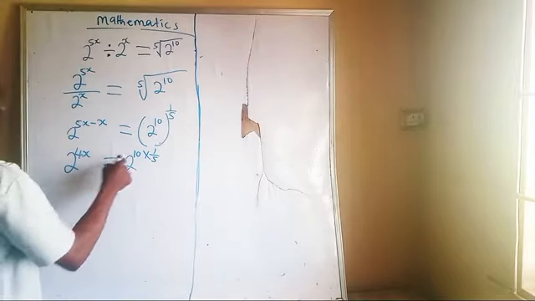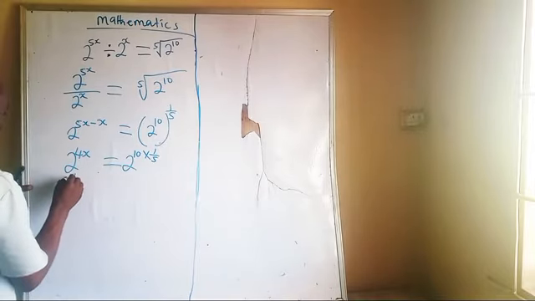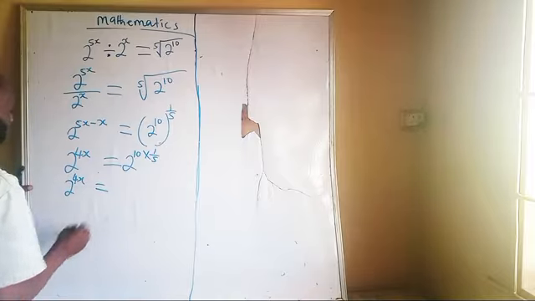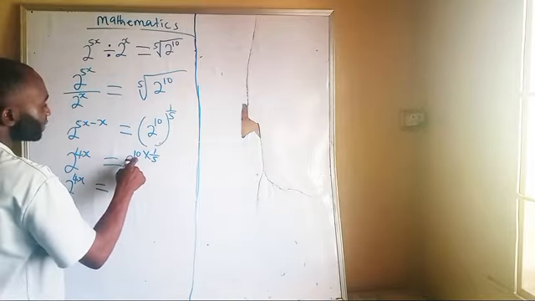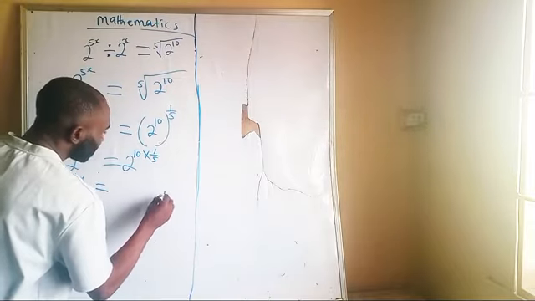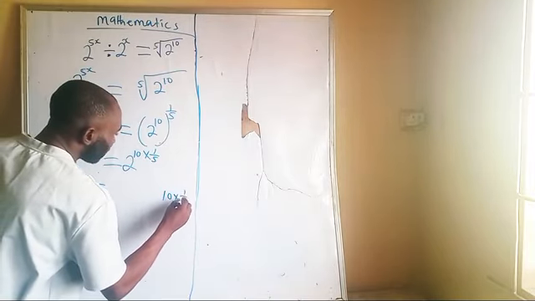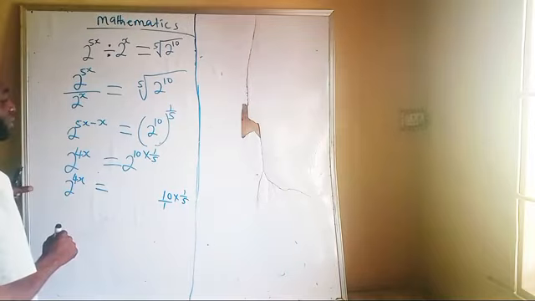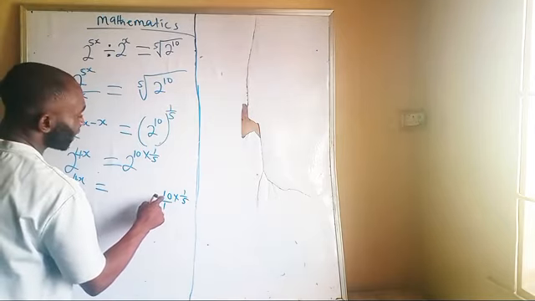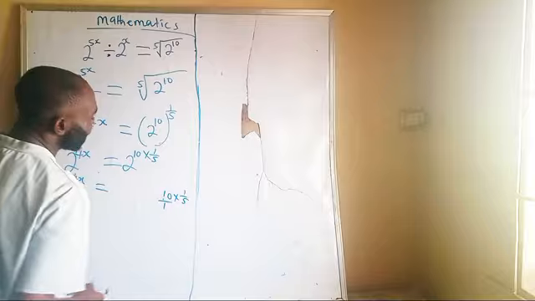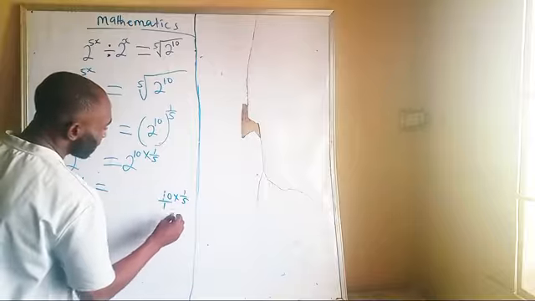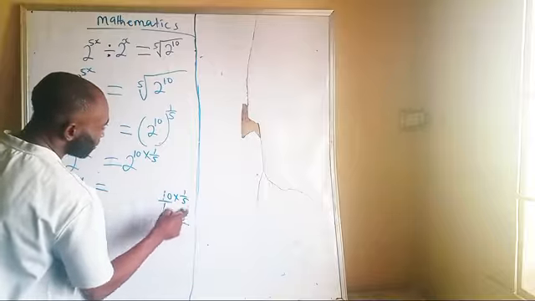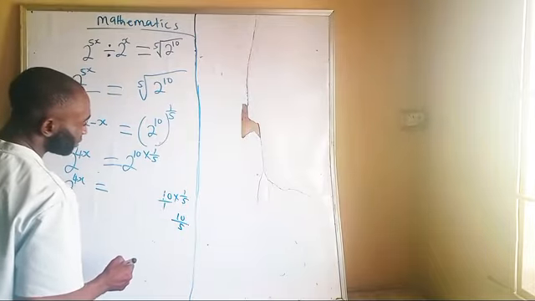And here we have 2 raised to the power of 4x is equal to 10 times 1 all over 5. In mathematics, any number that has no denominator is over 1. So denominator times denominator and numerator times numerator. 10 times 1 is 10. 1 times 5 is 5.